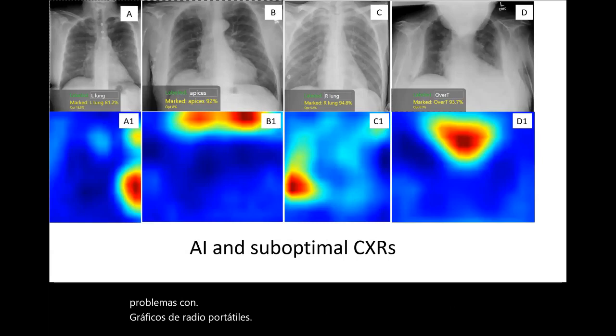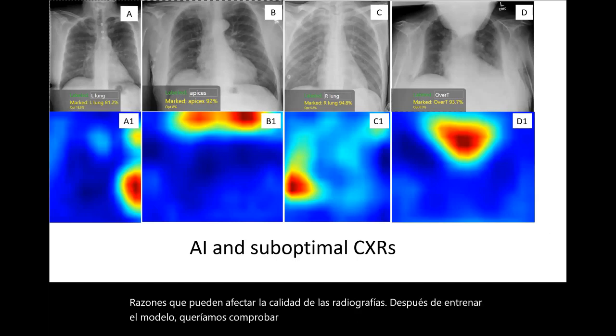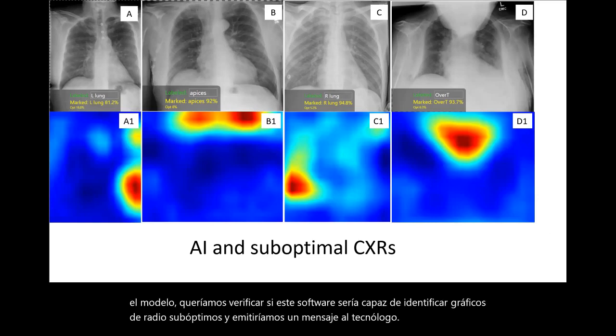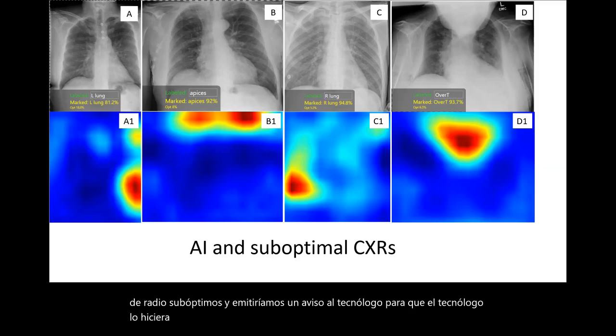So we have looked at a software which trained the model about the various types of reasons which can affect the quality of radiographs. After training the model, we wanted to check if this software would be able to identify suboptimal radiographs and would issue a prompt to the technologist so that the technologist would immediately rectify by repeating the chest X-ray.